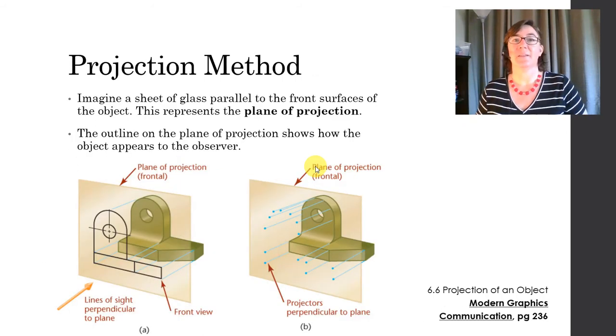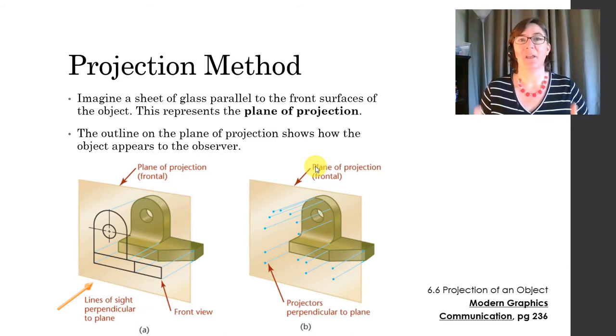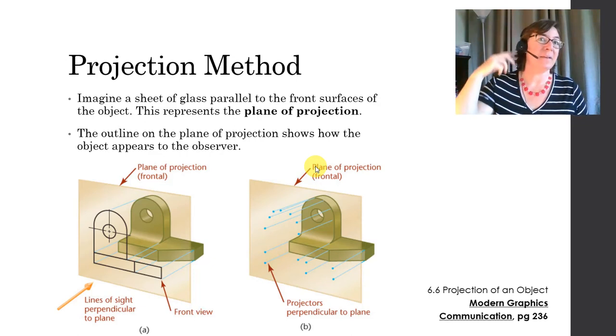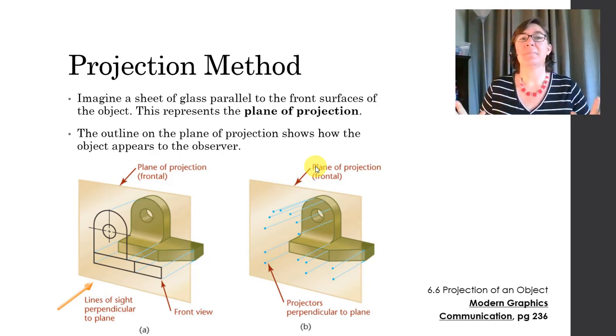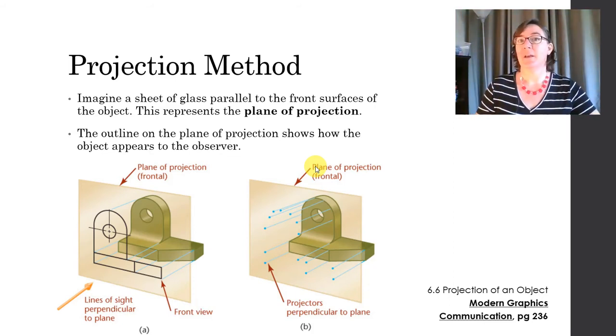To create these drawings, these two-dimensional depictions of the three-dimensional object, we use something called the projection method. And this is a mental exercise. First, imagine a sheet of glass parallel to the front of the object. That's called the plane of projection.